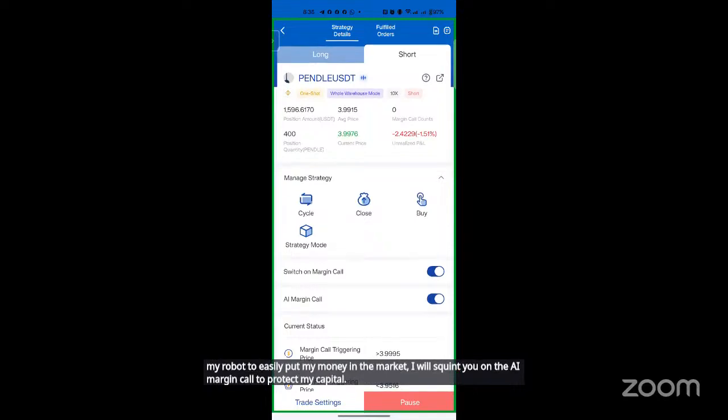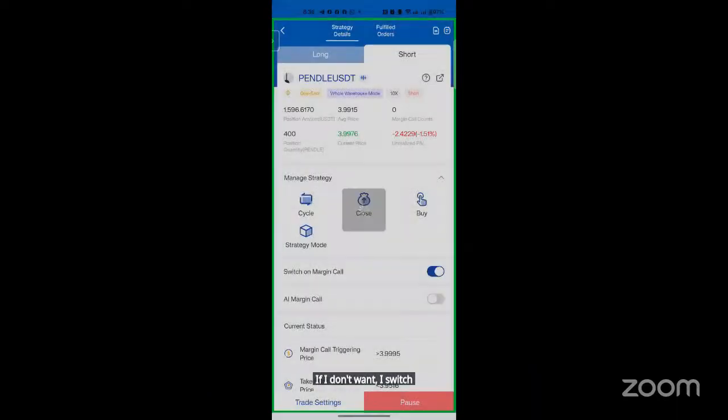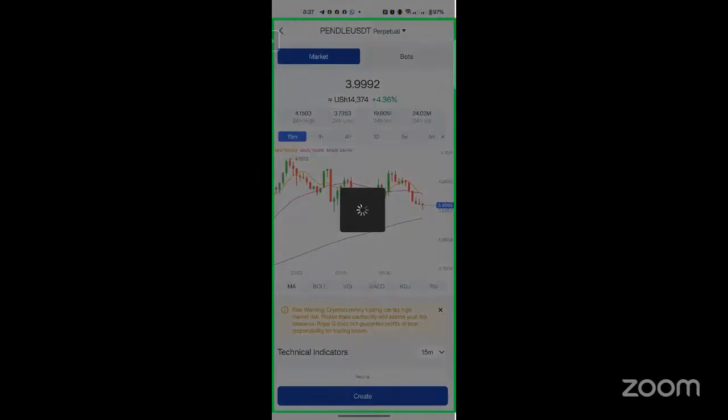If I don't want it, I switch it off. Question, is that hard? I find the coin, I calculate, I put in my margin calls. Now I'm done.